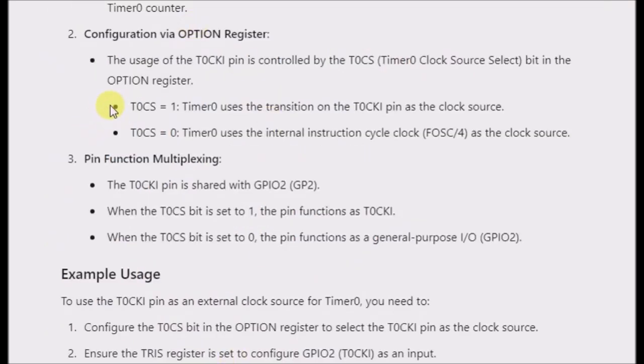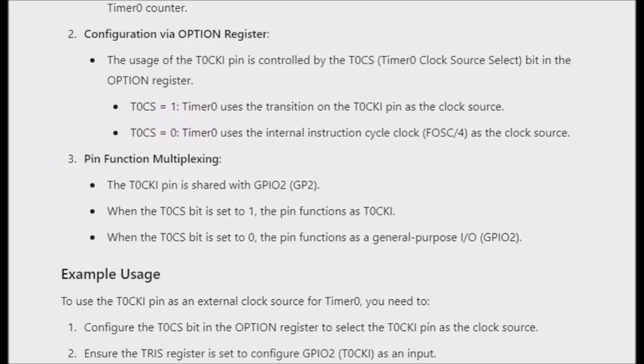What was I here? I'll just read. The usage of the TOCKI pin is controlled by the TOCS timer 0 clock source bit in the option register. TOCS equals 1, timer uses the transition of the TOCKI pin as the clock source. TOCS 0, timer 0 uses the internal instruction clock cycle as the clock source. 3.